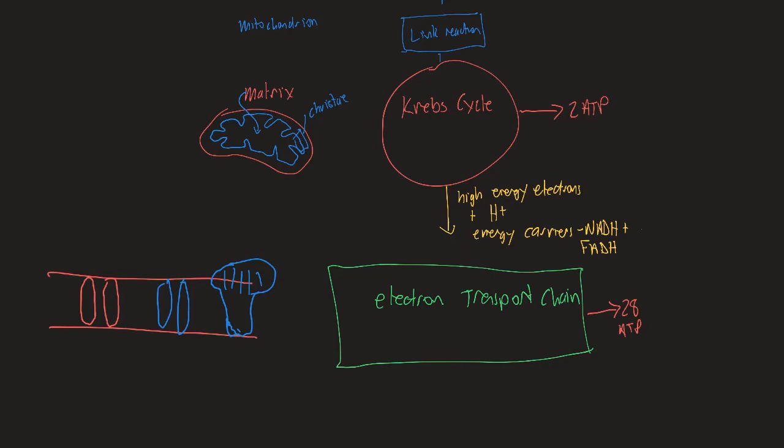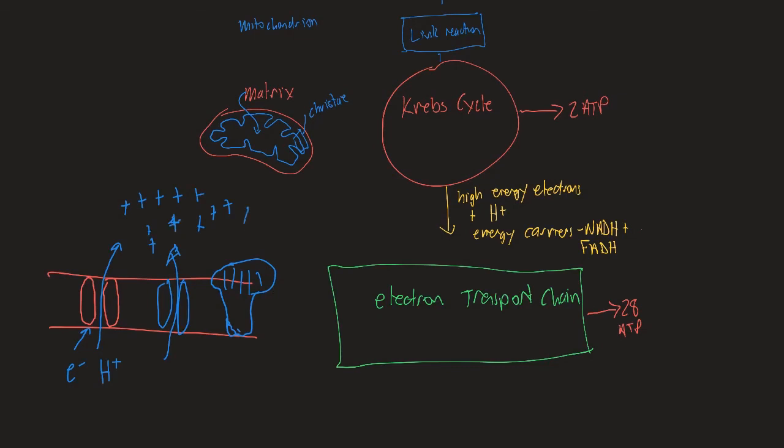All right. So all of those electrons and protons are going to be pumped actively from one side of the membrane to the other, so we have a higher concentration on one side than on the other. The high energy electrons provide the energy to these enzymes to pump the protons up into this other space.